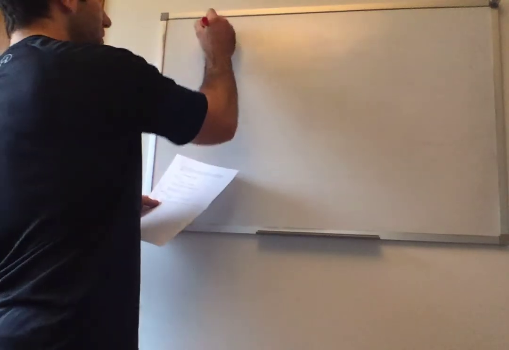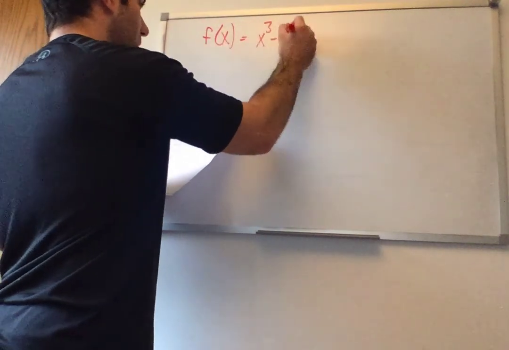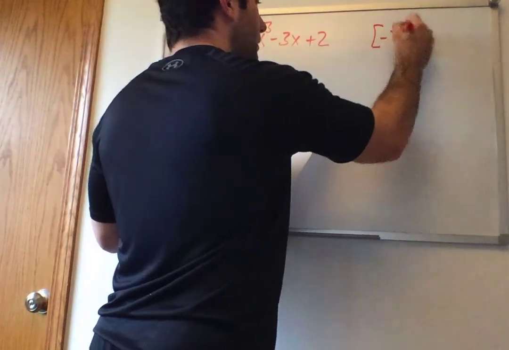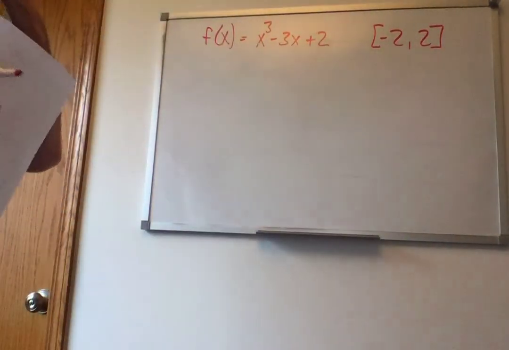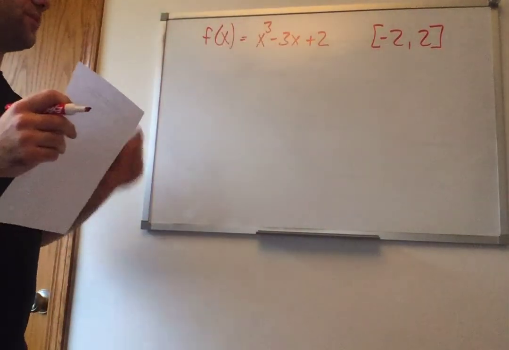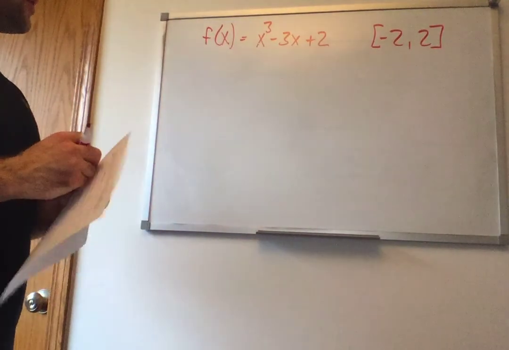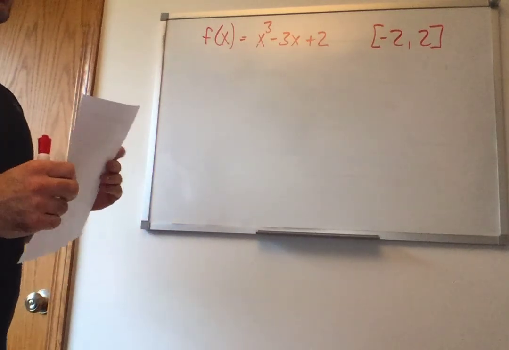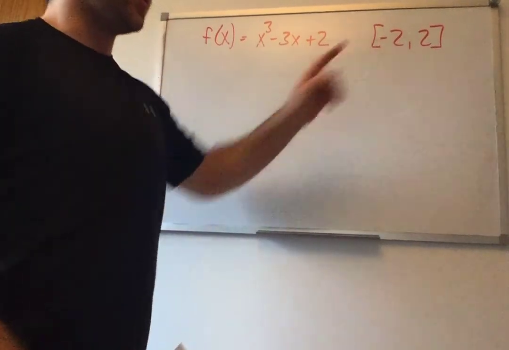So here's our function. f of x is equal to x cubed minus 3x plus 2 on the interval negative 2 to 2. So here's our function, there's our interval. The conditions of the mean value theorem are that it is continuous and differentiable on this interval.